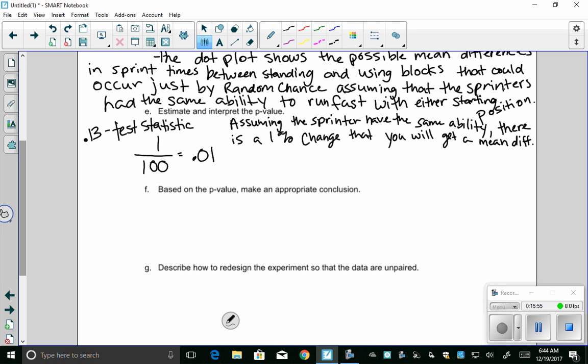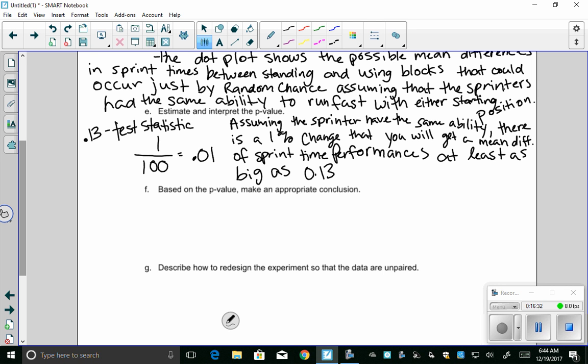of sprint time performances at least as big as 0.13 or higher.